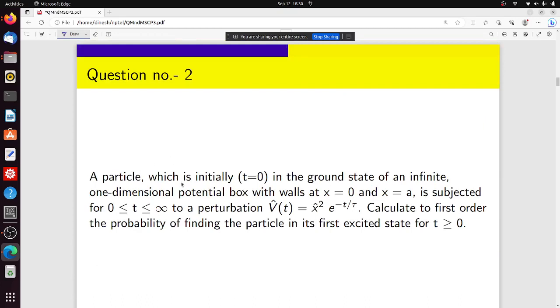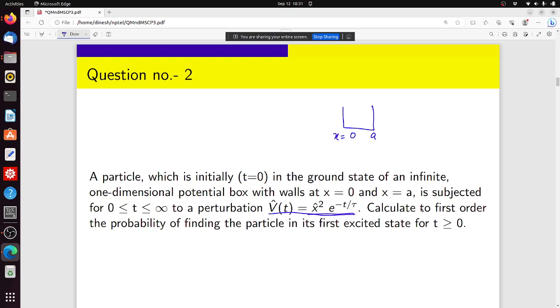A particle which is initially at t equal to 0 in the ground state of an infinite one-dimensional potential box of walls x equal to 0 to a, okay, is subjected to a perturbation H prime of t, which is of this form: x square e to the minus t over tau.